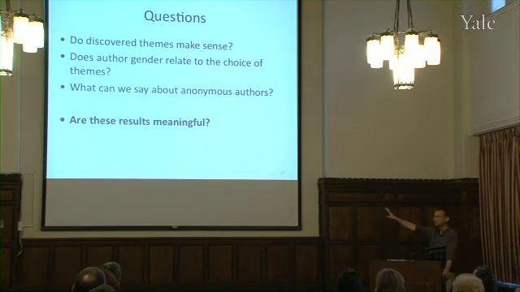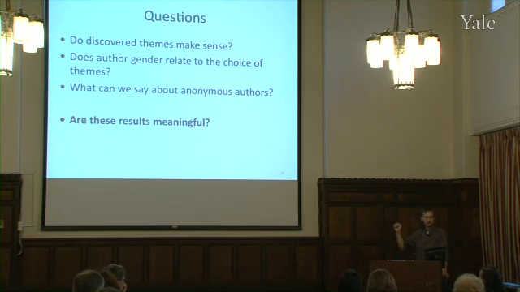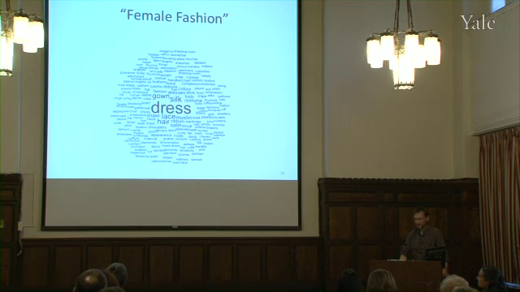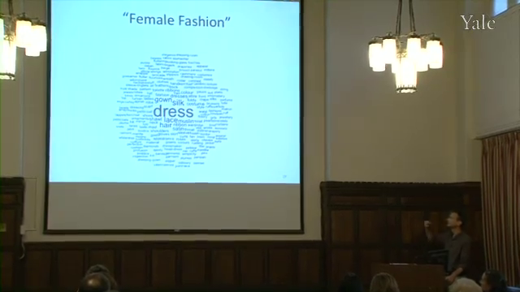And finally, and this is the real story of this talk, are these results meaningful? Does the fact that we can measure something mean that we've got a result? Or does it just mean that we can apply a function to data? So let's look at some examples. I'm going to read some of these words because I imagine they're a little difficult to read.